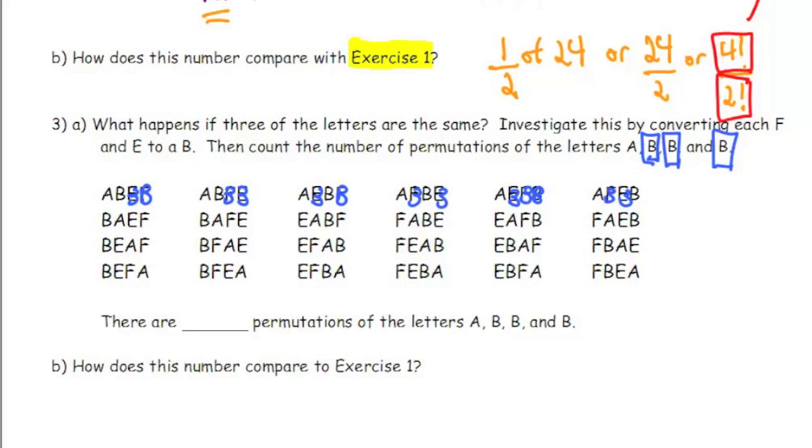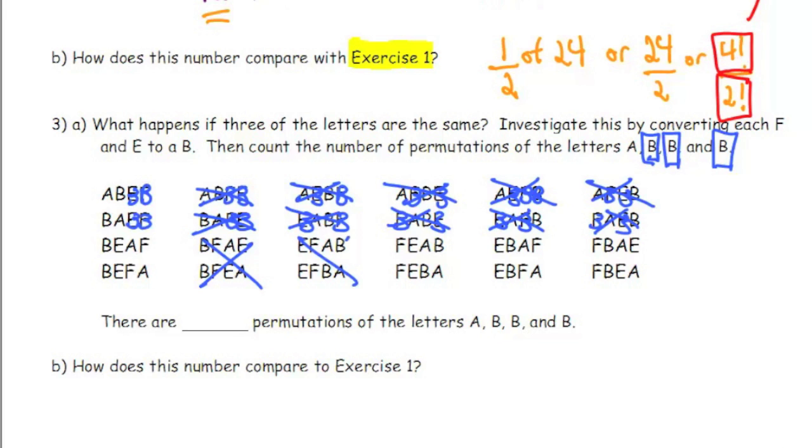Well, this ends up being a very interesting situation here, because now if you take a look at the first row, every single entry is an A, B, B, B, which means that one doesn't count, that one doesn't count, that one doesn't count, that one doesn't count, and that one doesn't count. And if you take a look now, what you'll also notice is that when we do row number 2, oh my, they're all the same yet again, meaning that all the entries in row 2, except for the first one, cancel out too.